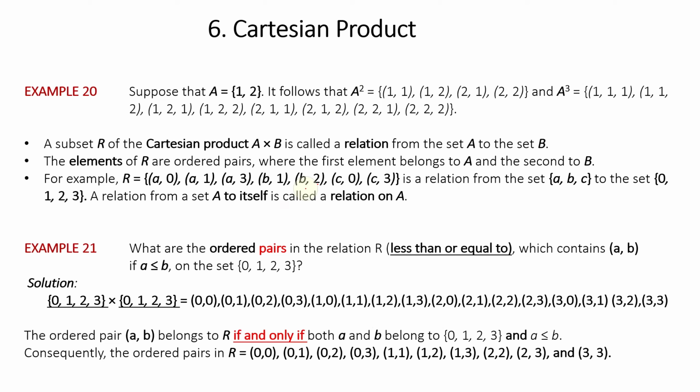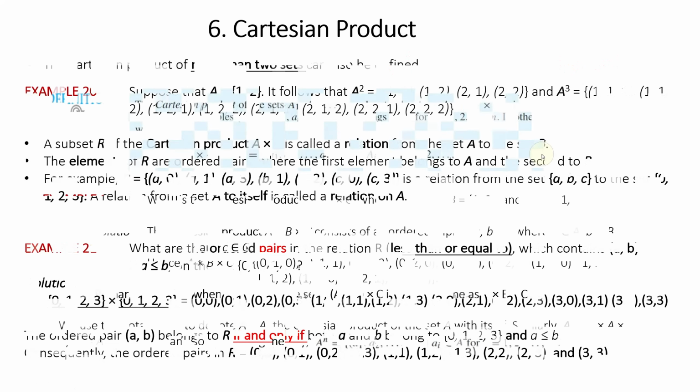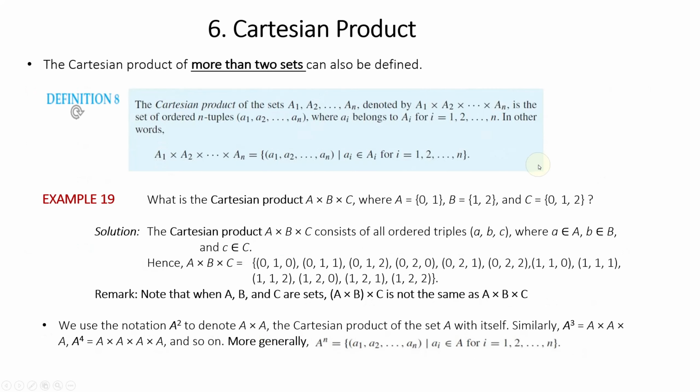A squared is basically the Cartesian product between A and A. Or A cubed is A times A times A. So if you see something like this, this is what it means: the Cartesian product of the set by itself. This is the notation, A squared, to denote A Cartesian product with A, and more generally, this can be any n that you put.